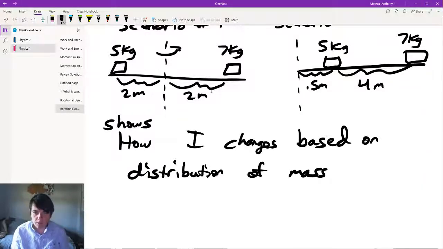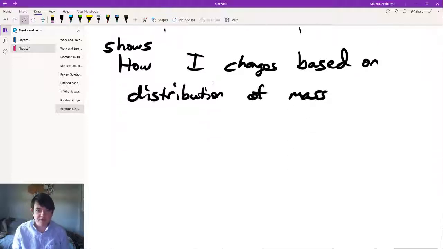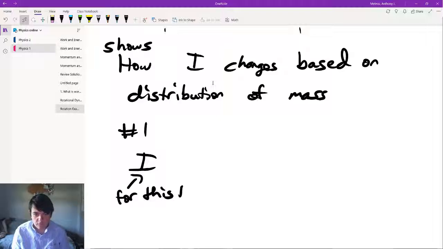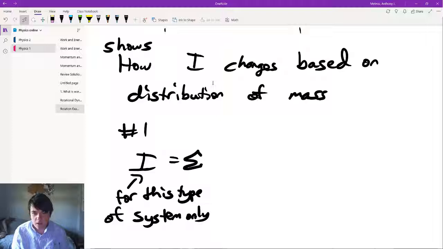Okay. So for the first scenario, number 1, for this system only, I equals the sum of mr squared, okay? So it will change depending on how you're doing it.